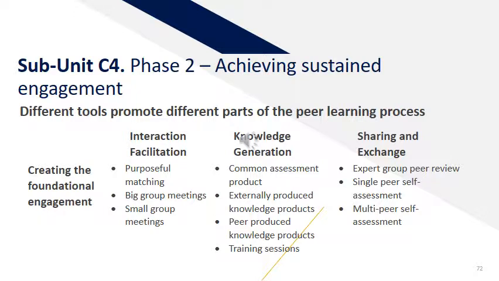Now we'll talk about some different tools to promote different parts of the peer learning process. We are talking about creating the foundational engagement. You have to understand that we want it to be in the first phase, but as it is a continuous process, you have to promote the foundational engagement continuously, because maybe new educators come, new peers arrive, and maybe in the first phase you are not able to engage between themselves as you would like to.